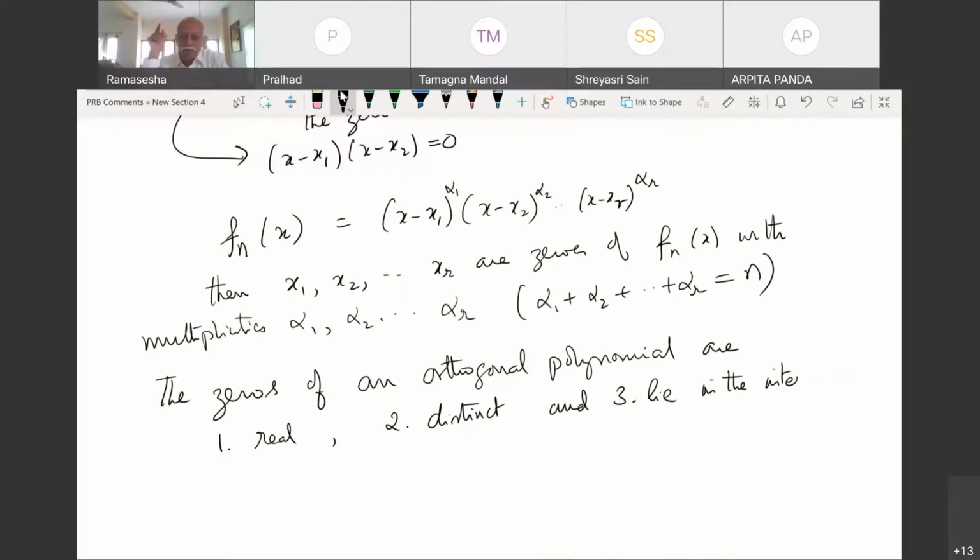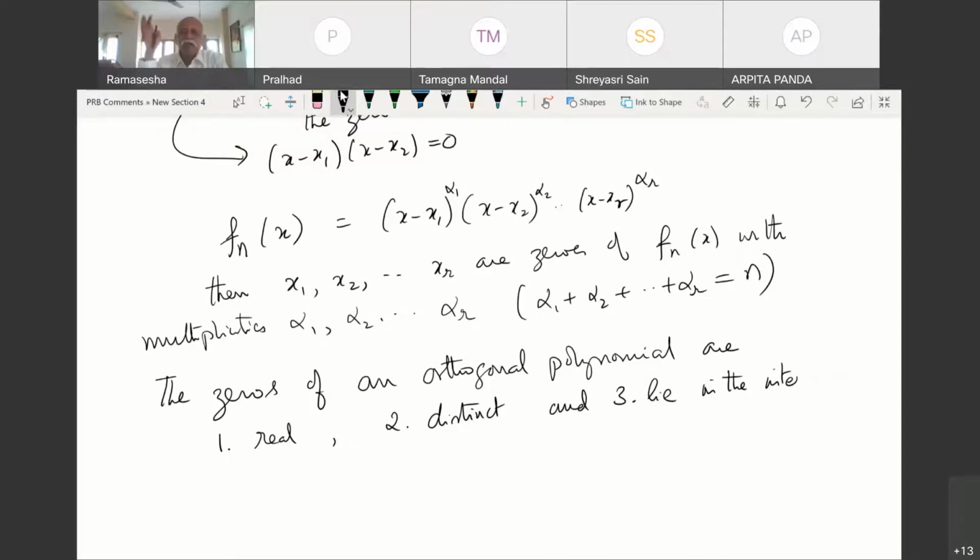That means, first of all, the zeros are real. Okay, and no zero repeats. This is extremely important. No zero repeats. And the third one is that the zero lies within the interval a comma b. So if I give you a polynomial phi n x of degree 1000, it'll have 1000 roots or 1000 zeros.